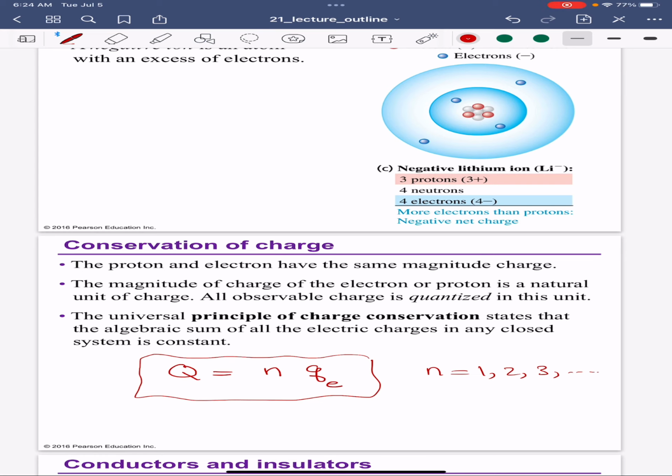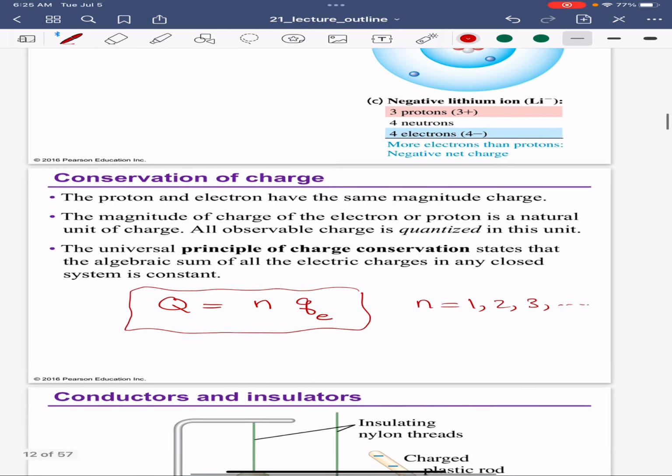In the first example, when I was rubbing the fur with the plastic rod, the same number of electrons that were lost from the fur are the same ones that were gained by the plastic rod, donated by the fur.